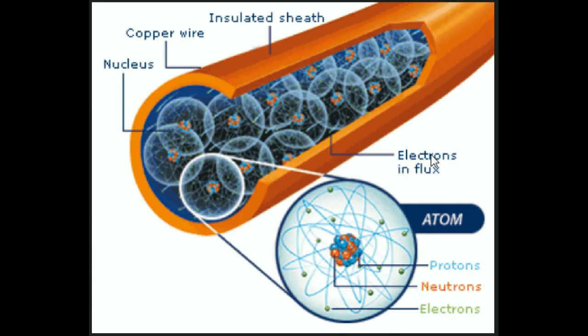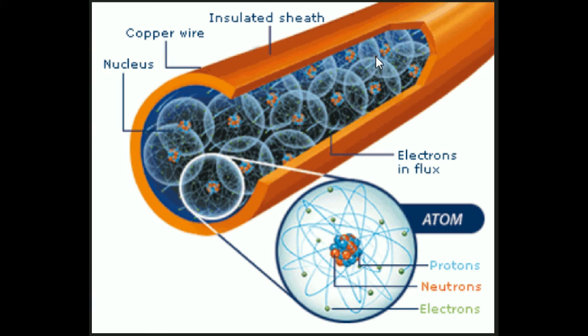Here we can see a relatively interesting picture. We have a copper wire that's inside of an insulating sheath that's sometimes called a jacket, and what we can see here is the nucleus of each atom, and of course there would be billions more of them in any practical wire, and the surrounding orbitals.